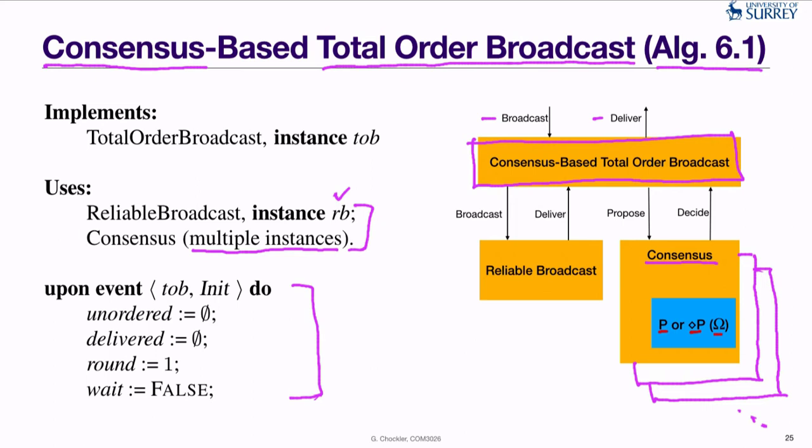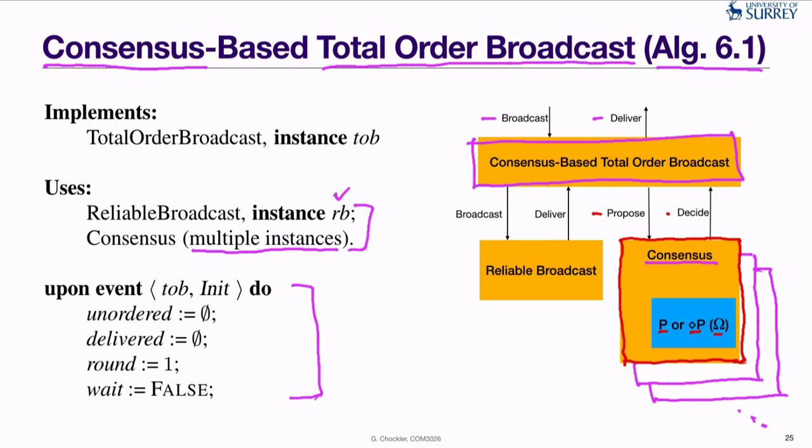But for our purposes, implementing the total order broadcast, we actually don't care. This specific detail is completely transparent to us. As long as we have this consensus component as a black box, we don't care how it is implemented inside. As long as it provides us with these two events, propose and decide, and these two events satisfy the specification of consensus, we are going to be fine.